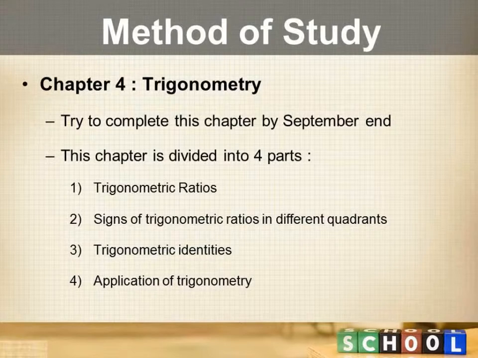The next thing you're going to see is the signs of trigonometric ratios in different quadrants. Before that, we are going to see the trigonometric ratios in terms of coordinates of a point, that is x and y.